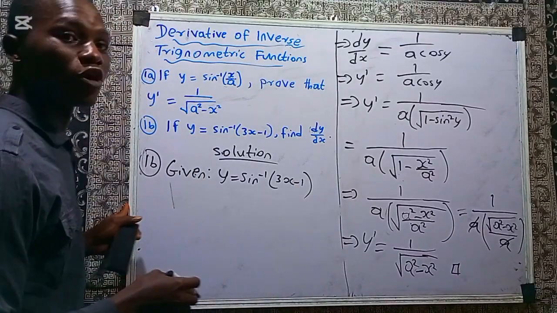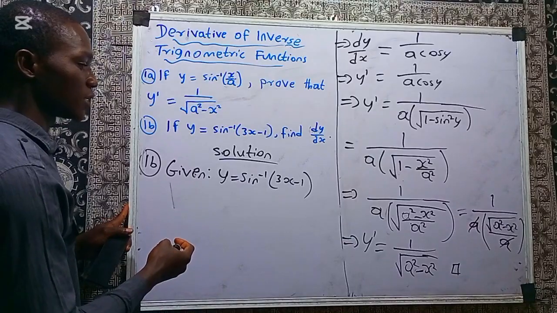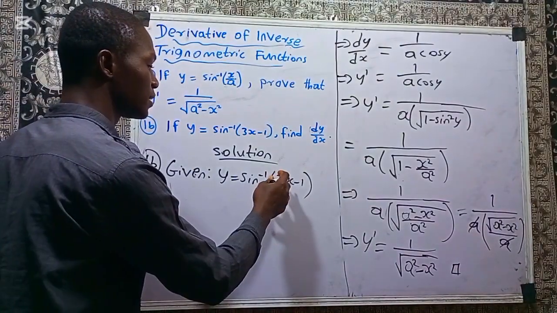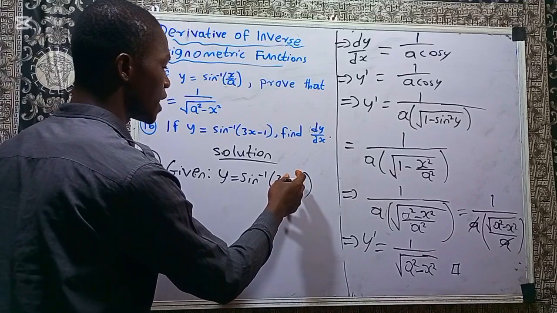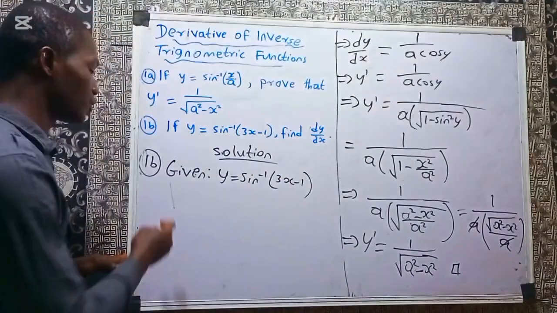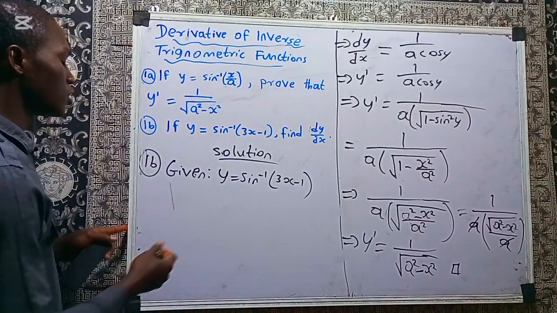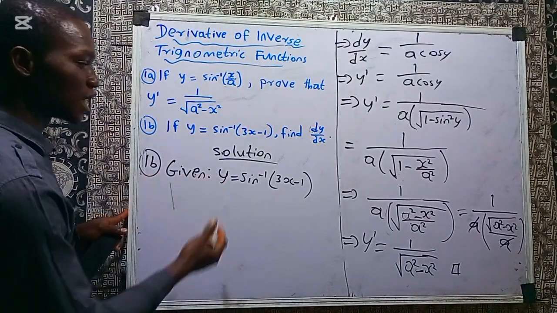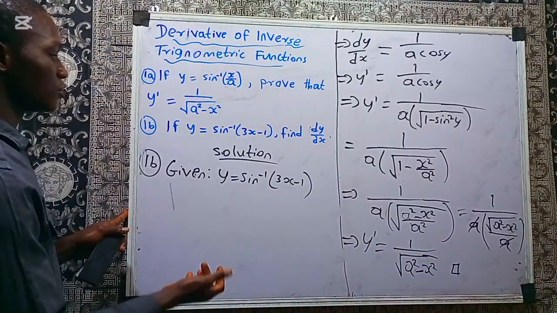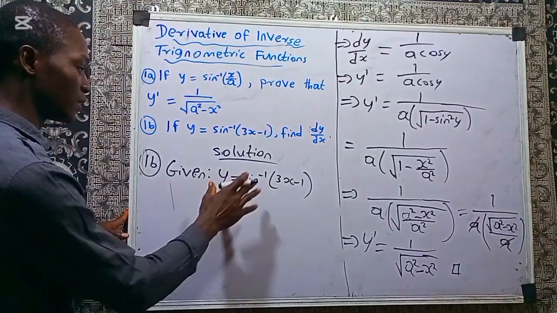So for us to tackle this one, we are going to call this 3x minus 1 u. Let's call it another variable u, so that we can perform this differentiation. And when we do that, we are going to use the result we have gotten before. It will help us in differentiating this.